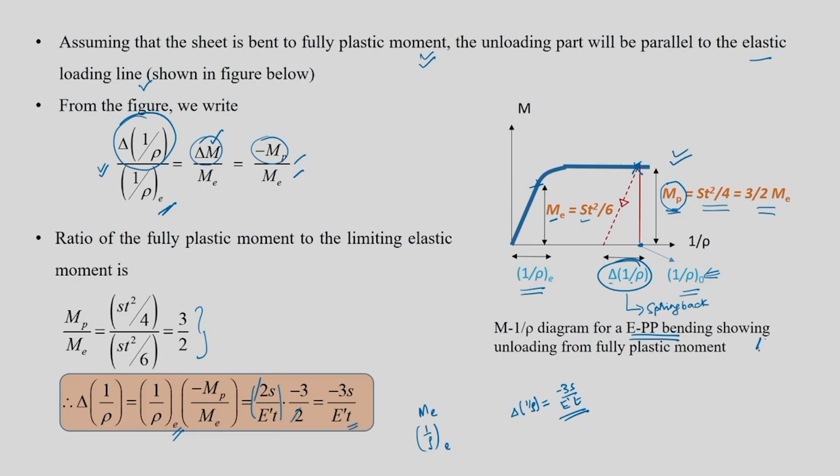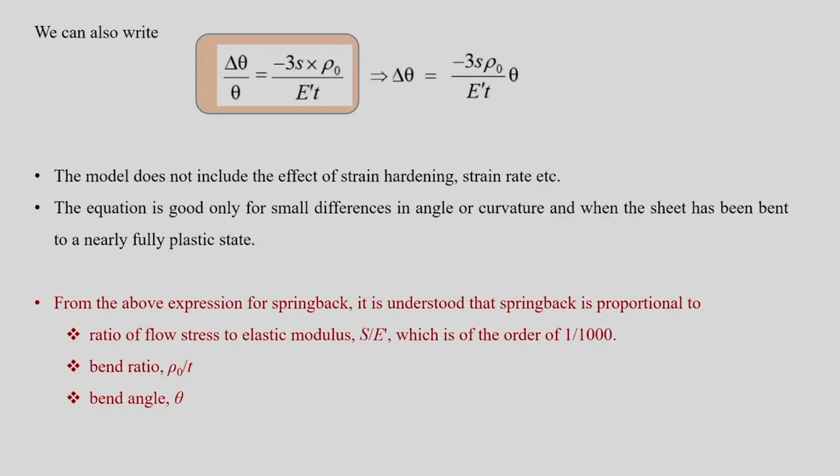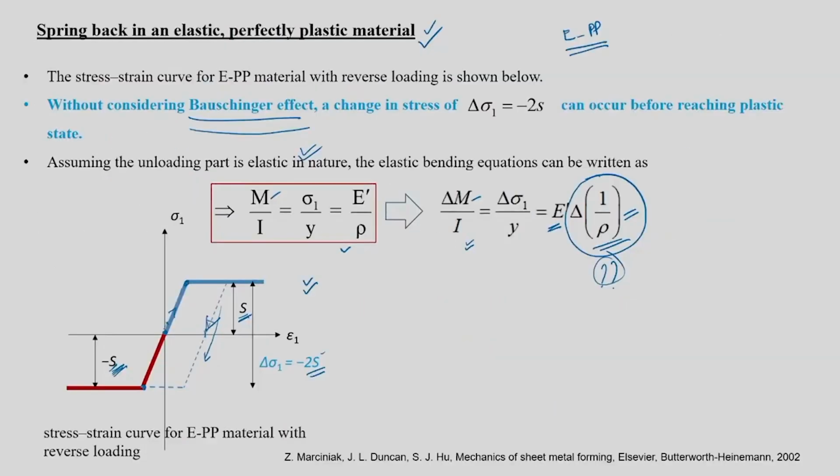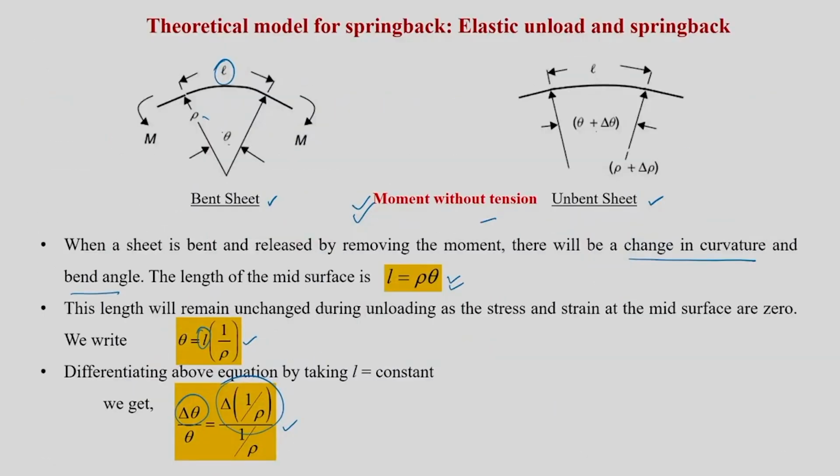So that is why I have written clearly here, this is M versus 1 by rho diagram for EPP bending showing unloading from fully plastic moment. And for that particular case you can use this particular equation. So now it is all about slightly simplifying this. We can also write this because my del 1 by rho is known to me. So from the previous equation, you take this way.